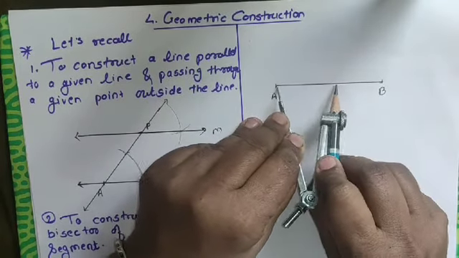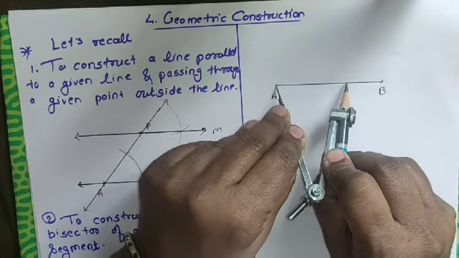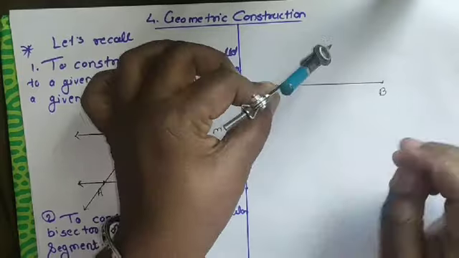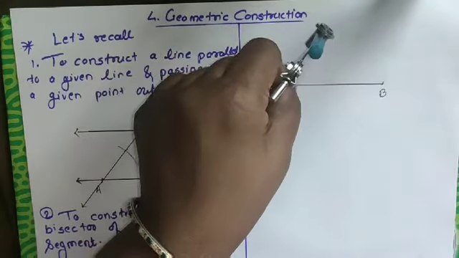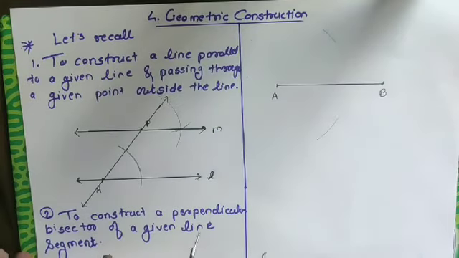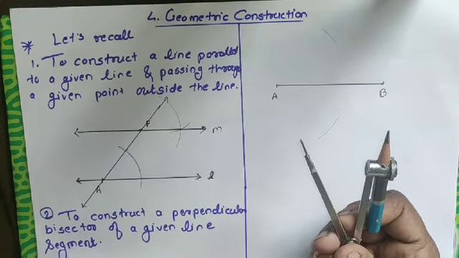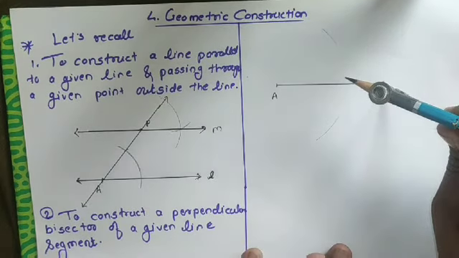So you have to take more than half distance in your compass, and draw the arc above the line and below the line. Okay, now without changing the distance, keep it on point B.